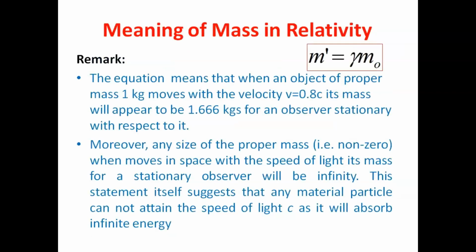Moreover, for any size of proper mass, that is non-zero mass, which is moving with speed equal to the speed of light, its effective mass will be infinity because of this gamma setting in the multiplication. This statement itself suggests that a material particle cannot attain the speed of light, as it will absorb infinite energy for growth in its effective mass.